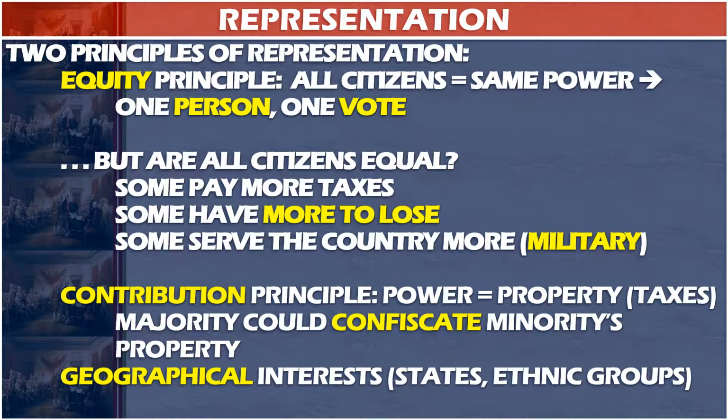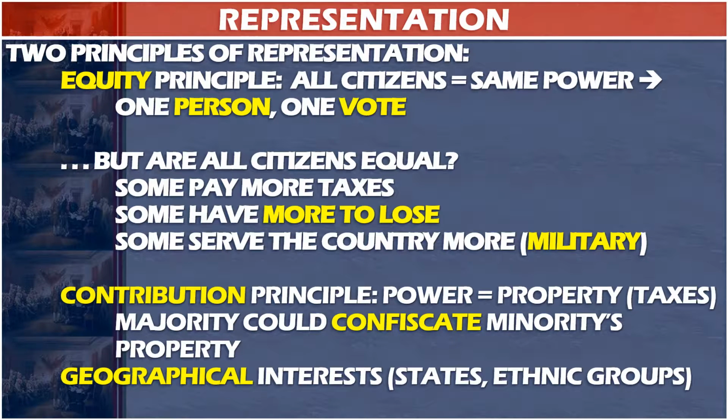Finally, there are oftentimes geographical interests that need to get represented, such as subnational states or ethnic groups who are permanent minorities in the country, who have a distinct identity but are still part of the country, meaning they have their own culture and their own government, and so you might have to represent them in a particular way.